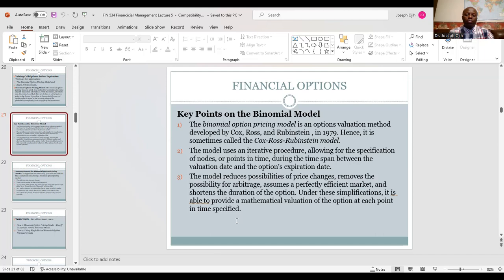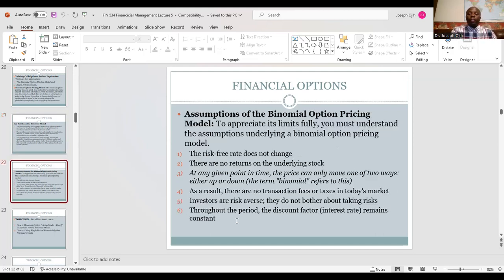It also shortens the duration of the option. So under this simplification, the Binomial Option Pricing Model is able to provide a mathematical valuation of the option at each point in time, especially the one that is specified.